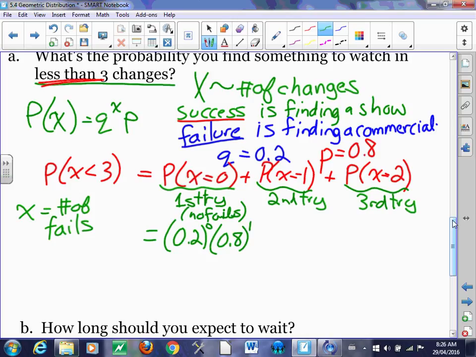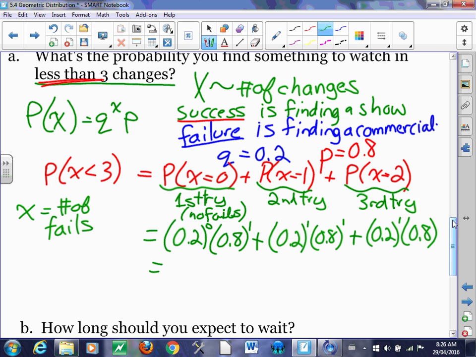Plus, on the second try, we had 1 failure first, and then we had success. Everybody okay with that? And then on the third try, that means we had 2 failures first before we had success. So plug that in your calculator, ladies and gentlemen.